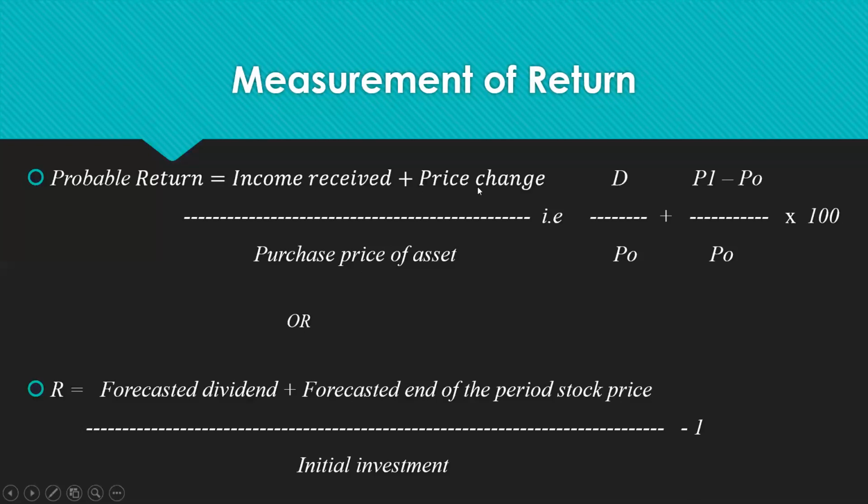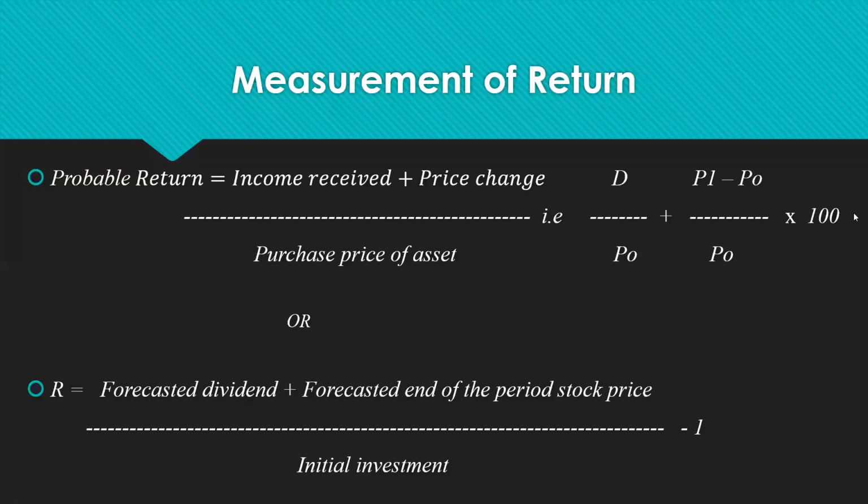The income received is the dividend. The price change is the difference between the price at the end of the year and the price at the beginning of the year. The beginning of the year price means the initial investment that you made, the actual price you paid for that security, known as the price at the beginning of the year or P0.